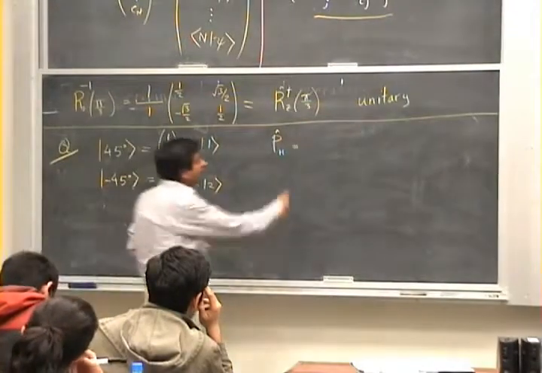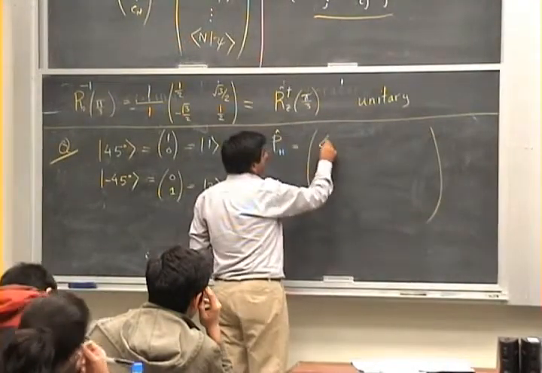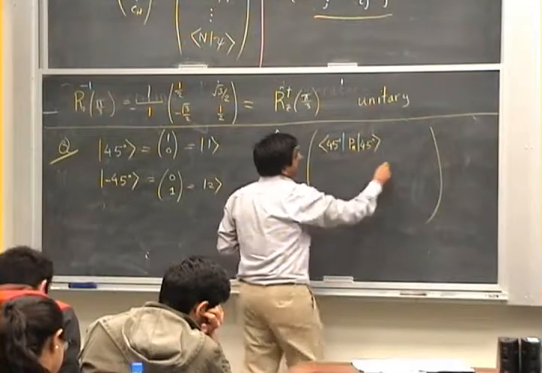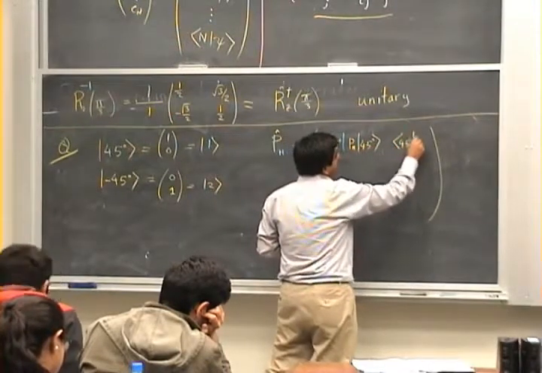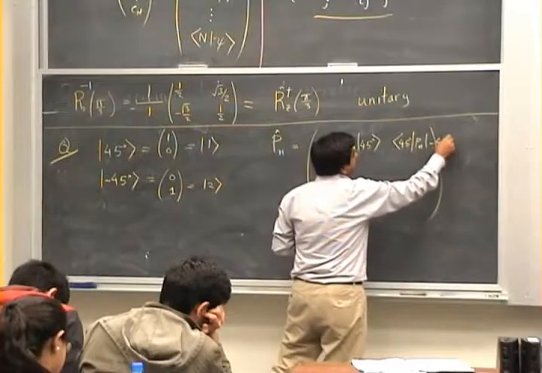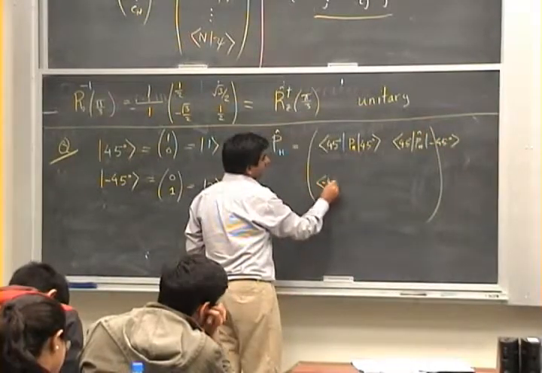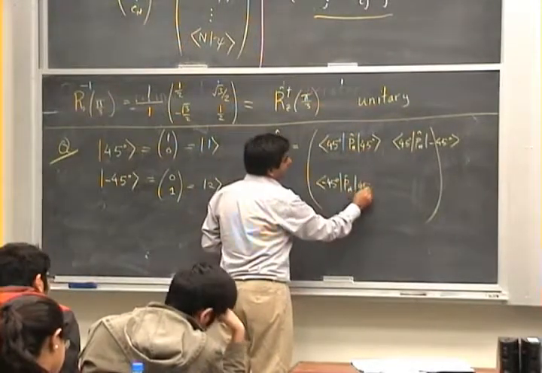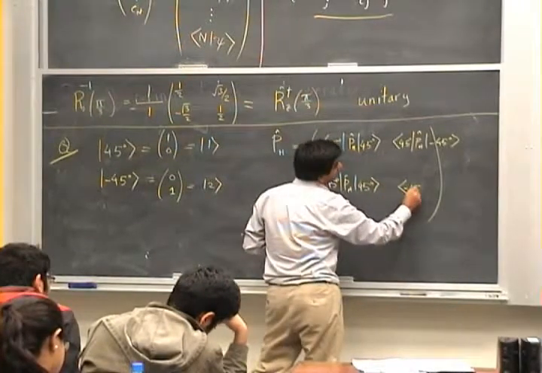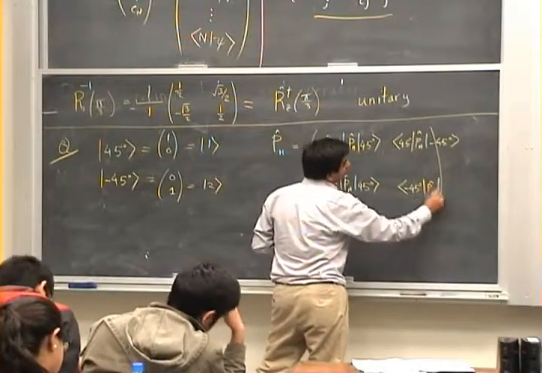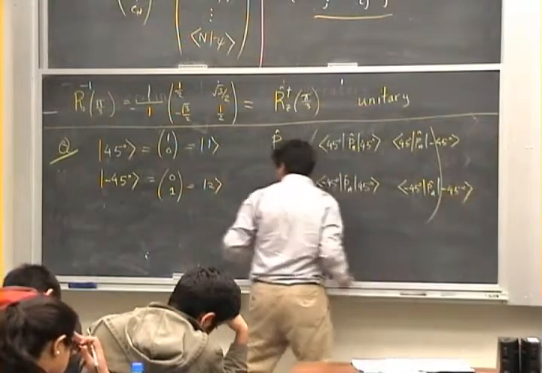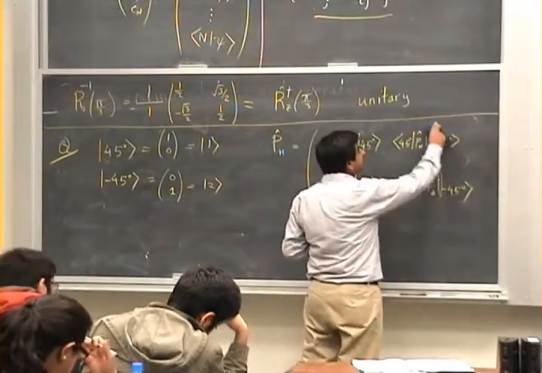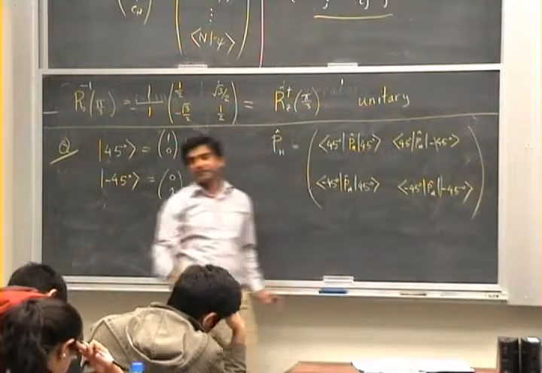So what I would like to find out is bra 45 degrees PH acting on ket 45, bra 45 degrees PH acting on ket minus 45 degrees, bra minus 45 degrees PH acting on ket 45 degrees, bra minus 45 degrees PH acting on ket minus 45 degrees. So I give you 5 minutes, please try to find out this matrix, which represents the same physical operation but in a different basis.